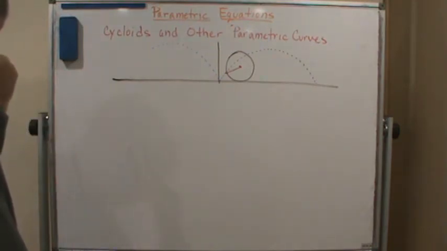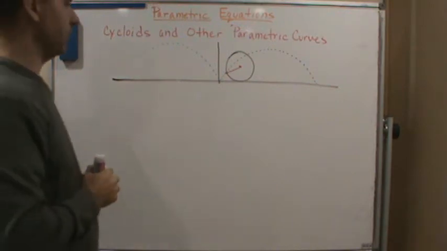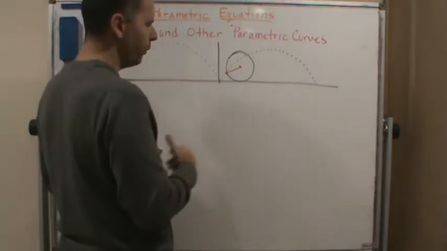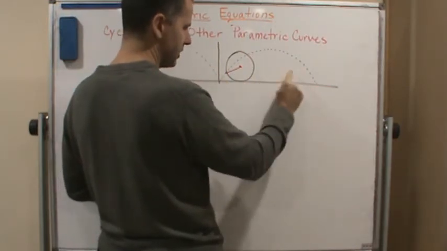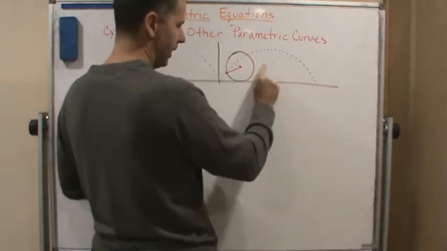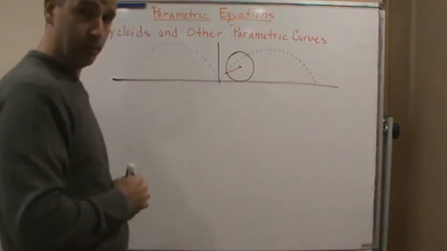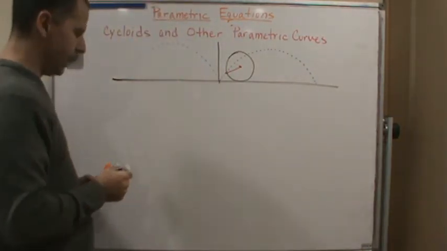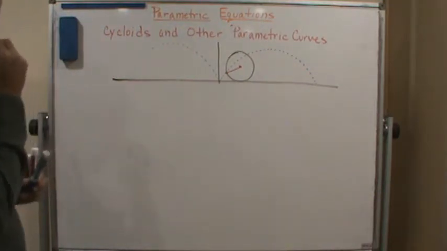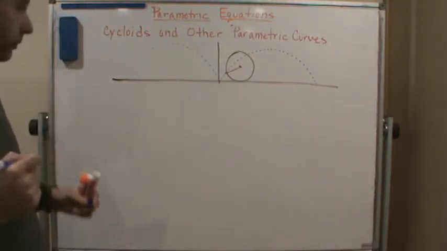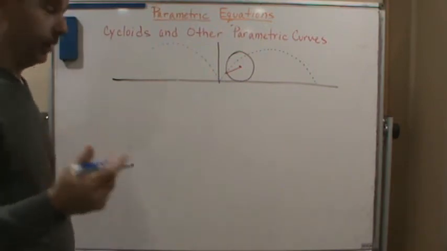And so how do we do that? Well, we have to first understand the dynamics that are going on here. So we want to describe the center. The center is staying at the same height. So how would we describe the position of the center using parametric equations?